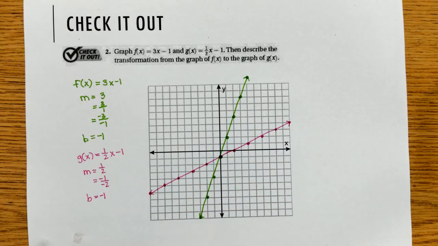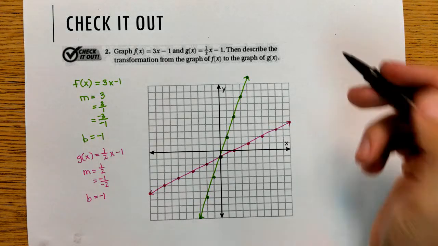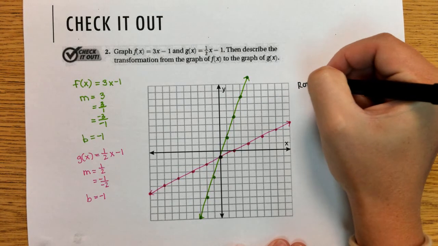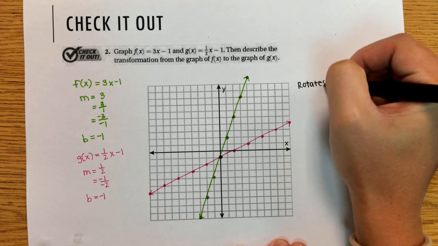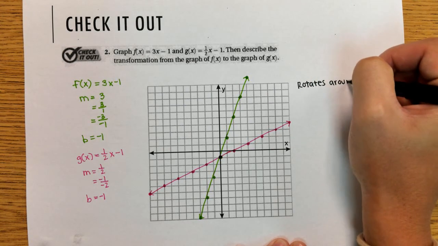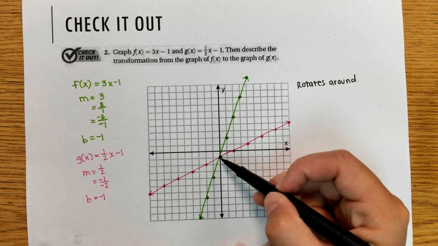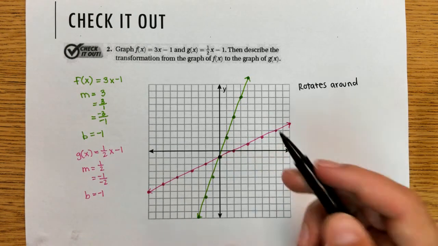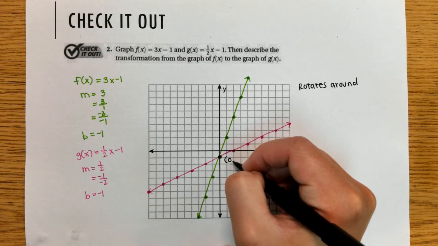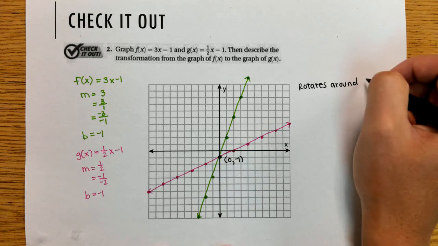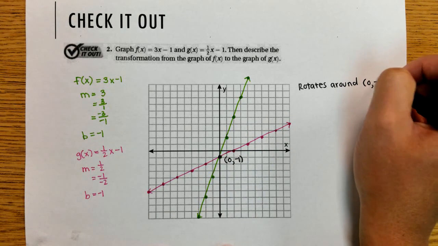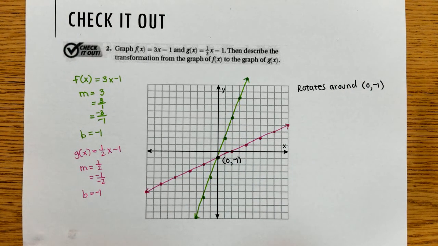So now I need to compare them and see what's going on here. So in this graph, we are rotating around this point right here, our y-intercept. And our y-intercept is 0, -1. So it's rotating around 0, -1. Okay?